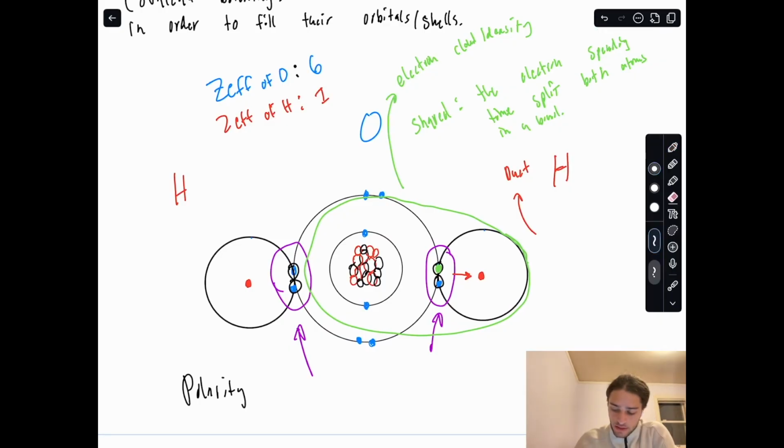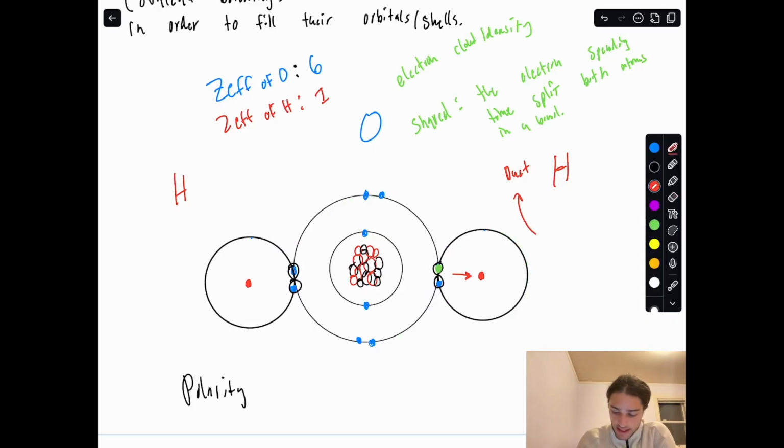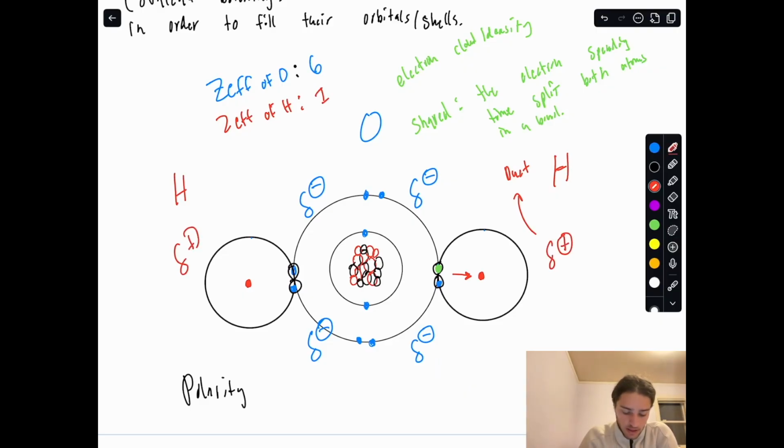I'm going to erase some of this stuff to make some room. But one of the ideas here is that now the oxygen, since it's getting the bigger share of the electron density, is going to have a partial negative charge. In chemistry, the partial negative charge is denoted with this almost figure eight symbol. And the partial positive charge is going to go to the hydrogens, right?